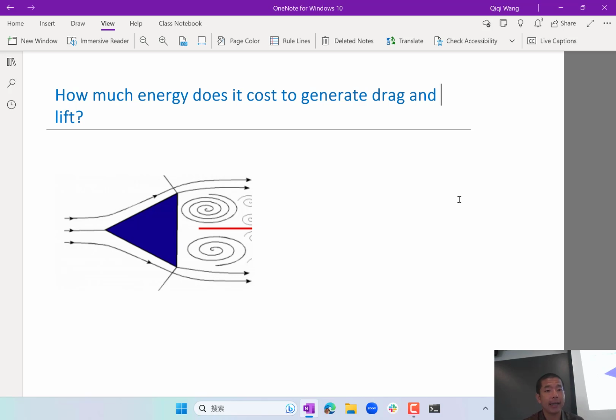And to understand that, you need to not just look at the solid, but also look at the fluid, look at the air. How much energy does it cost to generate, let's say, the same amount of lift versus drag? And to understand that, you need to understand conservation, right? Conservation of energy, conservation of momentum.